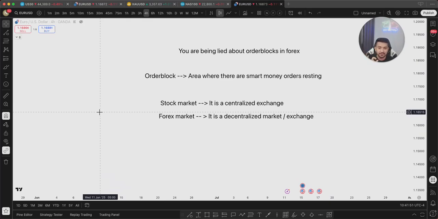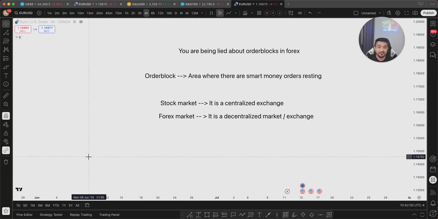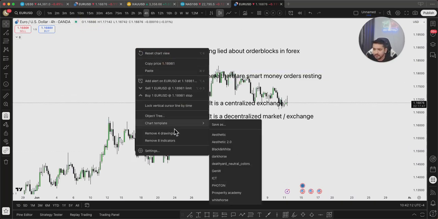Now, those banks push back the bids and asks based on what the demand is during that time. If that's the case, then we can never have a centralized rate. We can never know where centrally the orders are being punched in, and that's why order blocks will never make sense for us.